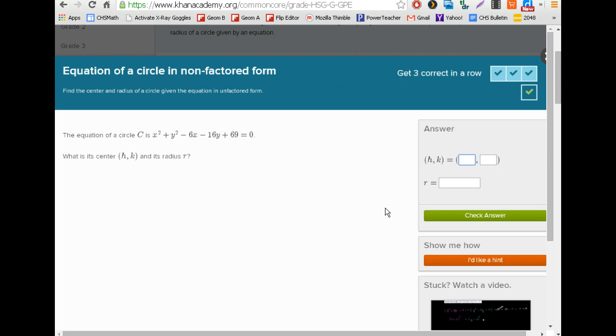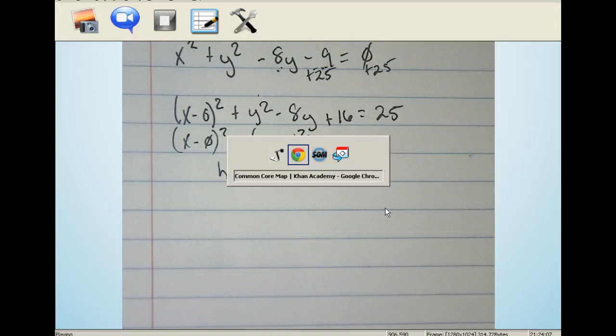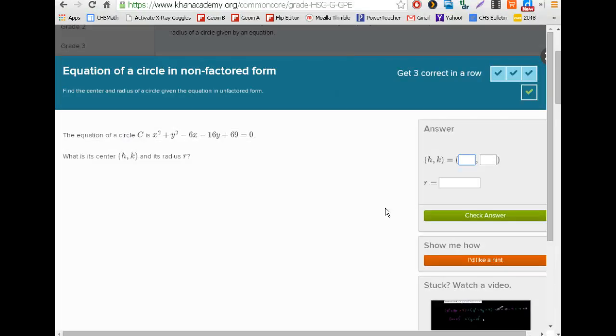We've got to complete this square. So let's try this. Get that equation written down. Let's go x squared plus y squared minus 6x minus 16y plus 69 equals 0.